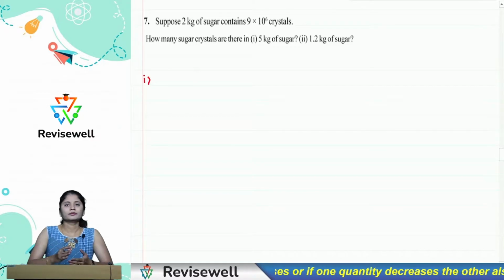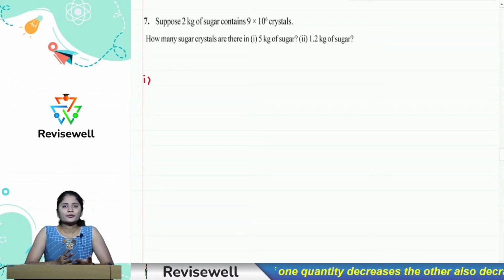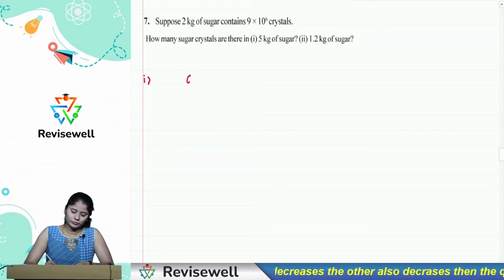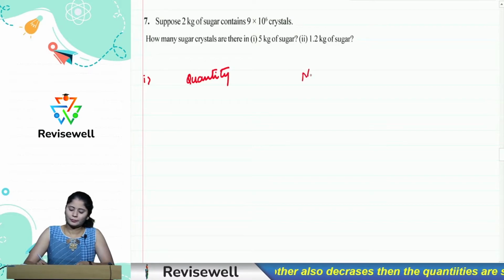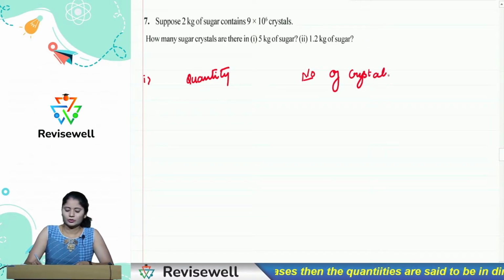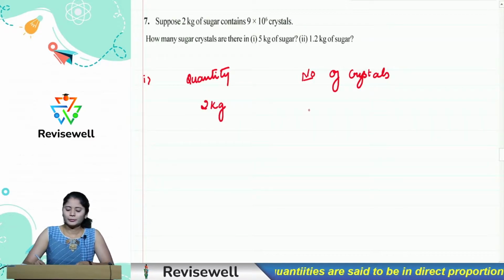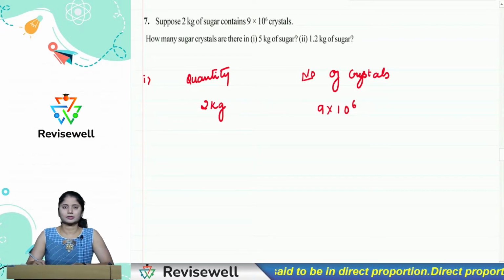Here we are speaking about the quantity of sugar and the number of sugar crystals. If you have 2 kg of sugar, the number of crystals will be 9 into 10 raised to 6 crystals.